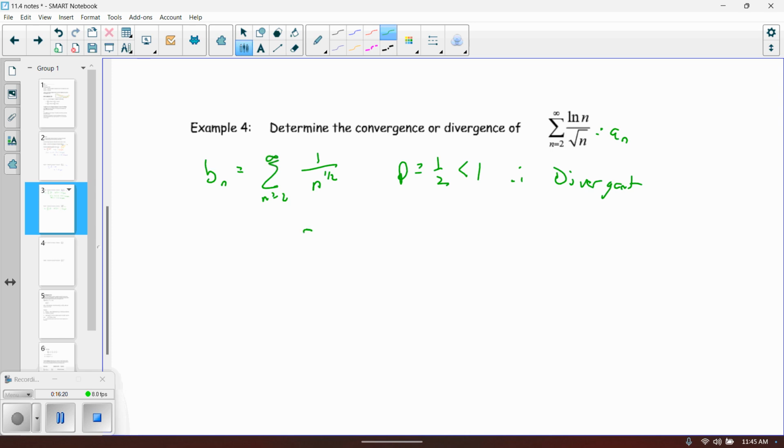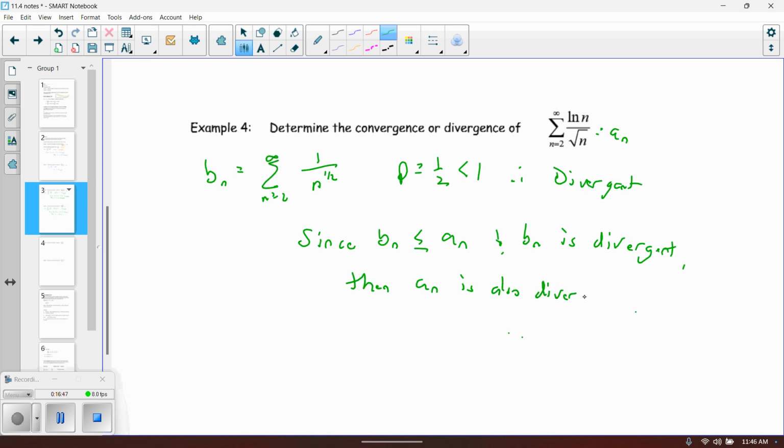So we would say since b sub n is less than or equal to a sub n, and b sub n is divergent, then a sub n is also divergent.